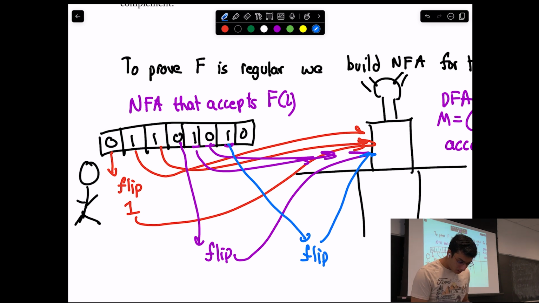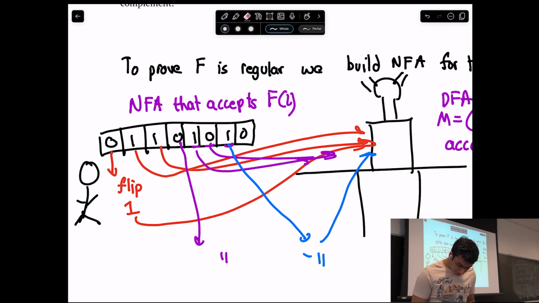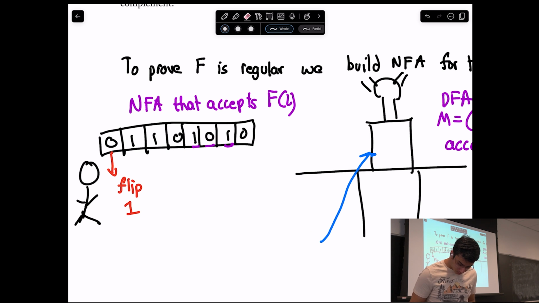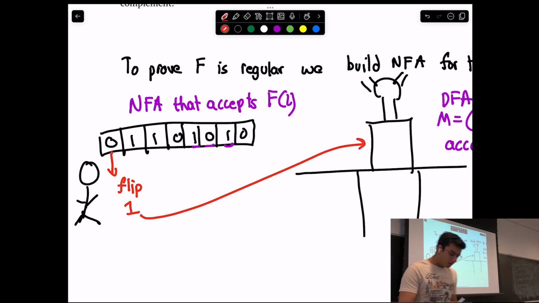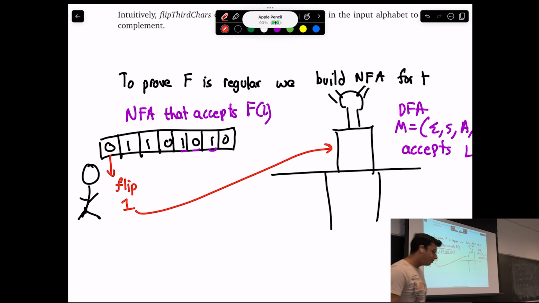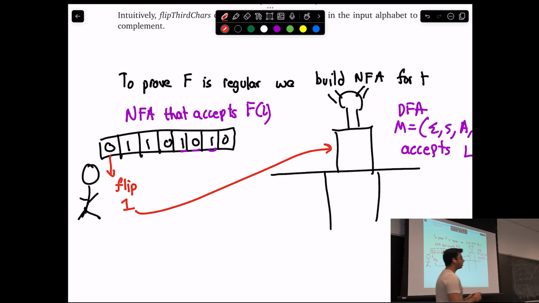So let's start here. What are some of the things I need to keep track of? Well, first, I need to keep track of whether the character that I'm passing into the machine is something I should be flipping or not. To know whether or not I'm flipping, I can try using true or false.